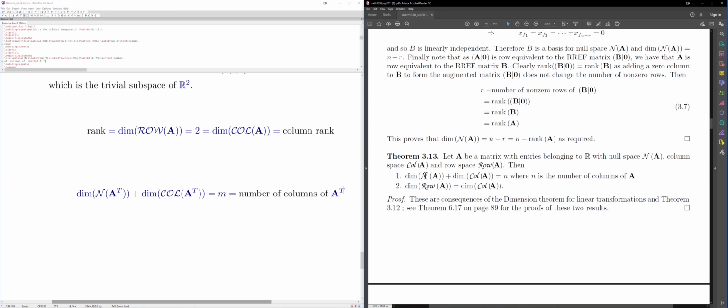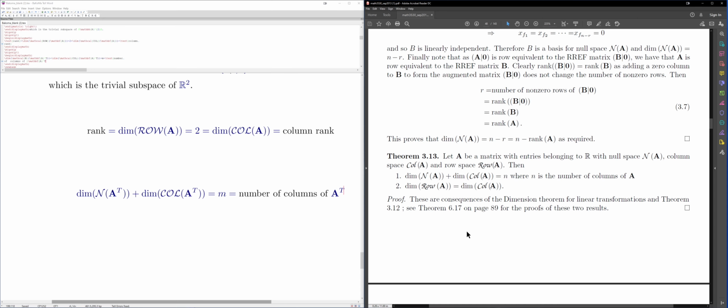That's what I want to use for A transpose, so that's how I'm going to start off. This works for any matrix A, so in particular, it'll work for A transpose. So the dimension of the null space of A transpose plus the dimension of the column space of A transpose is equal to the number of columns of A transpose.